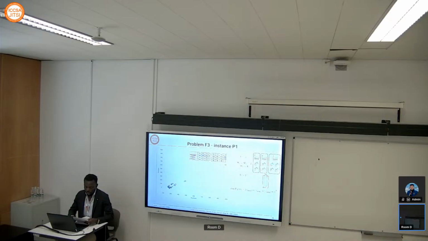This figure shows the approximation of the Pareto front obtained for problem F3. In this figure, makespan, tardiness, and earliness time are represented on the x-axis, the y-axis, and by the size of the point, respectively.